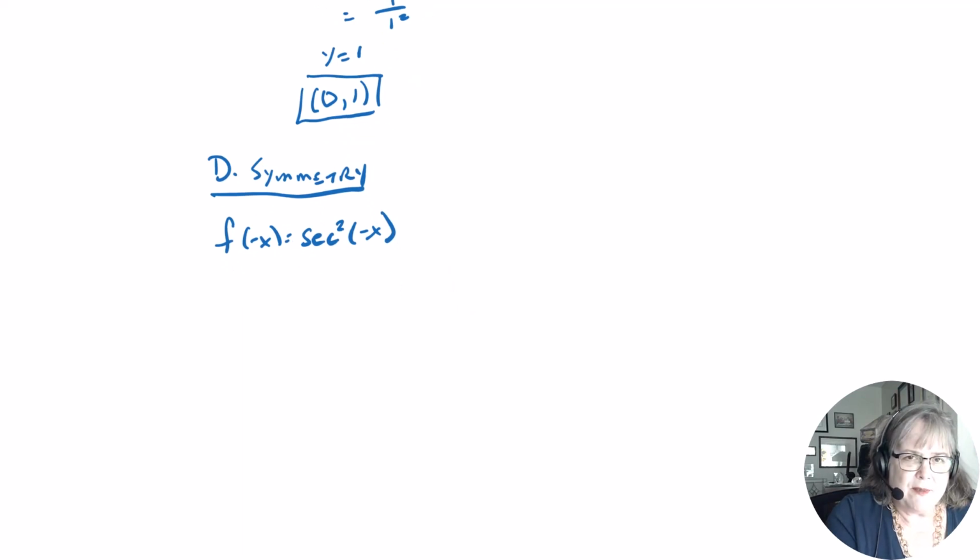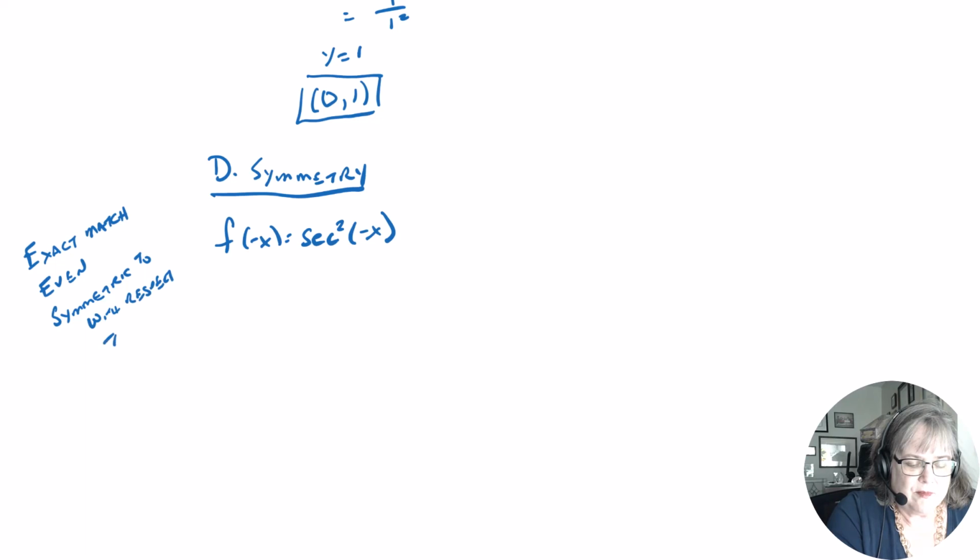If it's an exact match to the original, it's even, which is symmetric with respect to the y-axis.